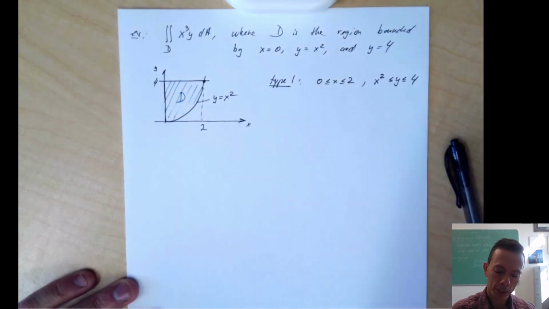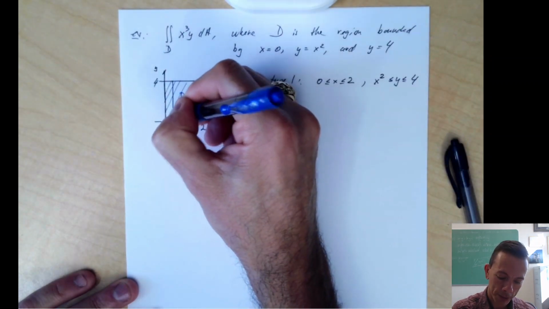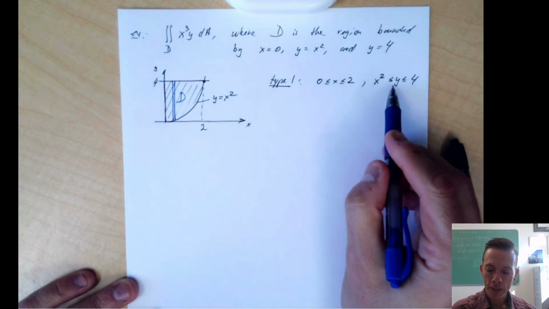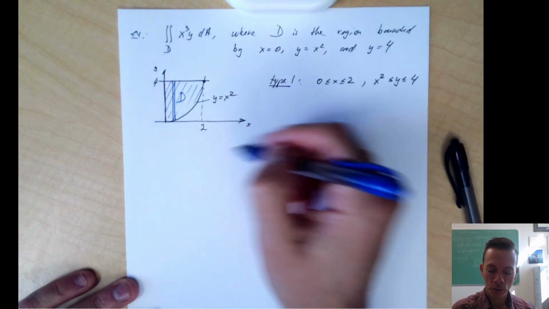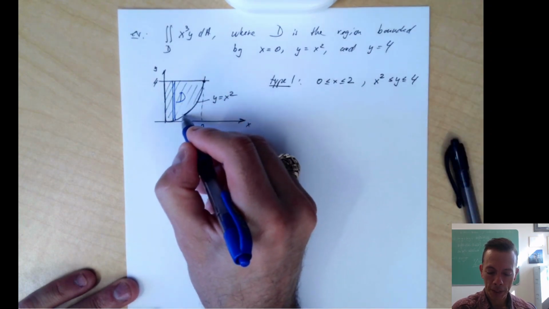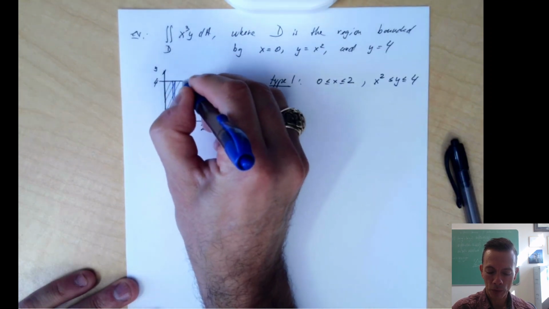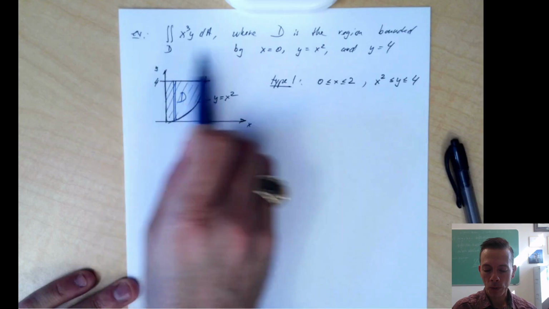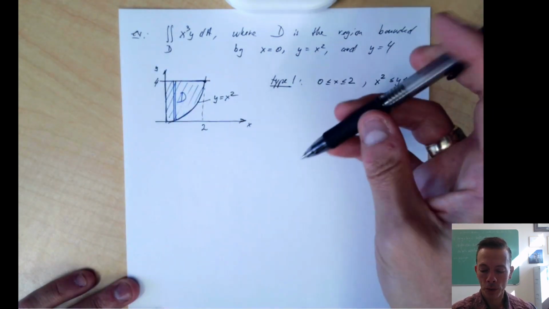So here we're looking at a vertical strip like this. And so the bounds in the y direction are this curve in the bottom and y equals 4 on top. And then the bounds when you sweep this rectangle right and left is going to be 0 and 2.